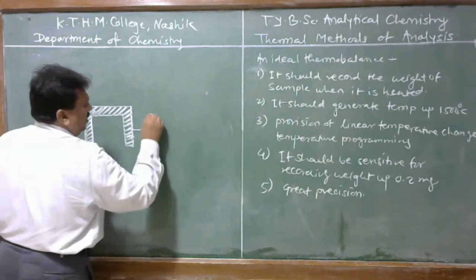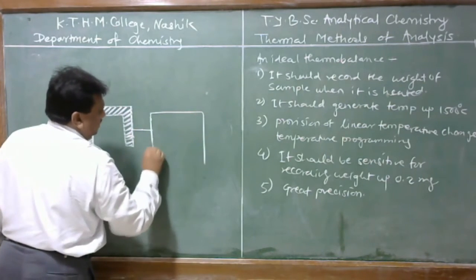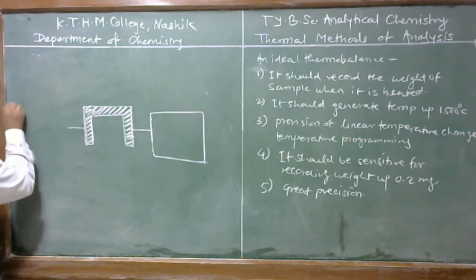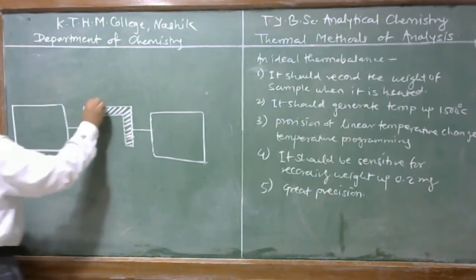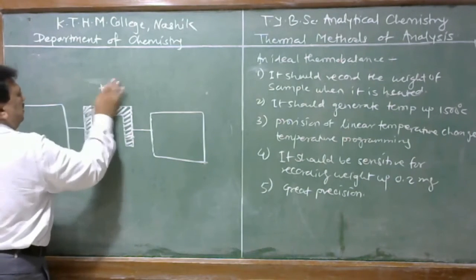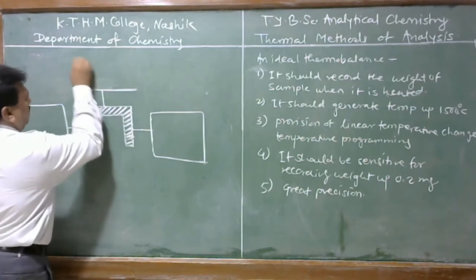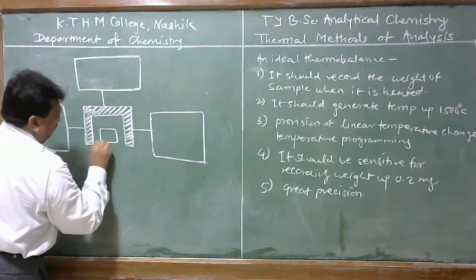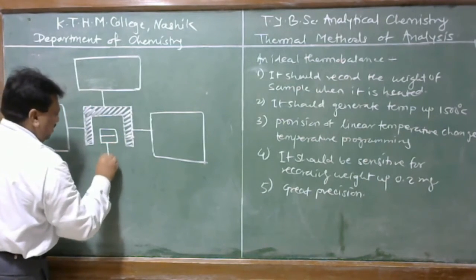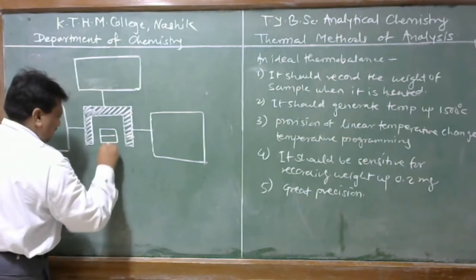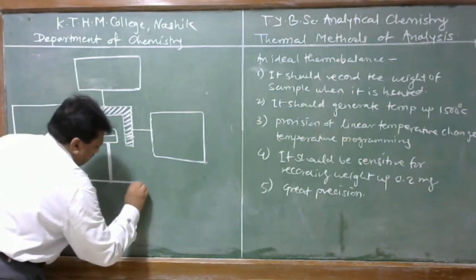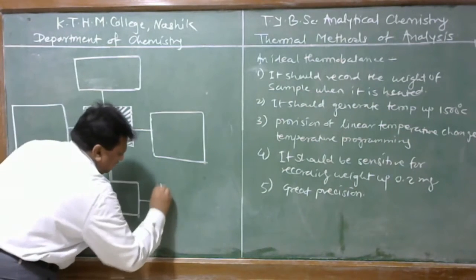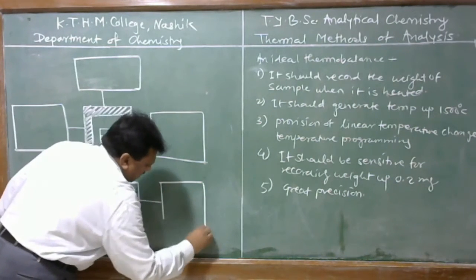There is a control for this furnace. Again, here there is another compartment. Then there is the sample holder and thermocouple, placed on a balance. This is a balance, and here is the control of this balance.